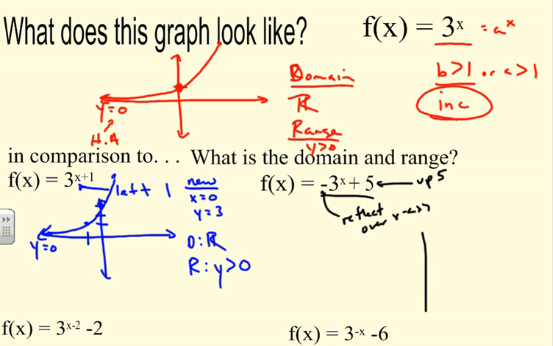So when we graph this, since we are reflecting it, this point, which did start here at (0, 1), is now reflected and going to be at (0, negative 1).